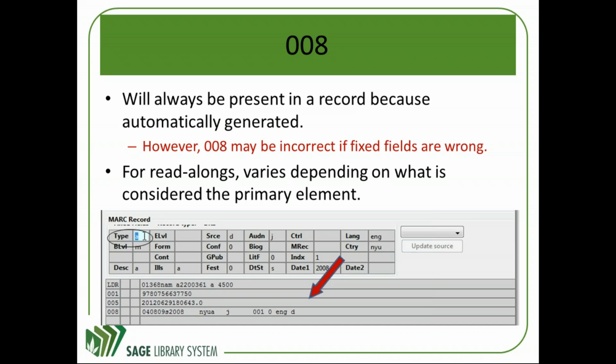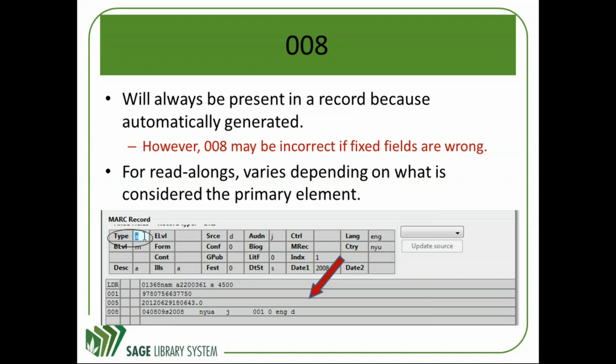It's automatically generated. It's generated from the fixed field data that's in a record. And so it will be there. Sometimes 006s, particularly for read-alongs, may not actually already be included in a record that you're importing. So it's easiest to look first at the 008.